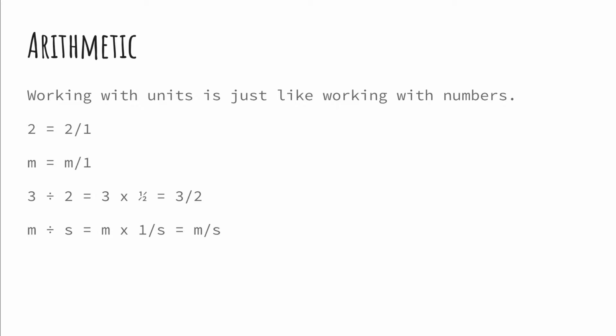But it's made a little bit simpler in that you can manipulate them all in the exact same ways. And when you multiply and divide and so on, units will cancel out in all the same ways that numbers will. For example, 3 times 2 times 7 divided by 4 times 6 times 5. Well, you can cancel out some of the prime factors there, right? 3 and 6 are both divisible by 3. 2 and 4 are both divisible by 2. And the result is the fraction 7 over 20.